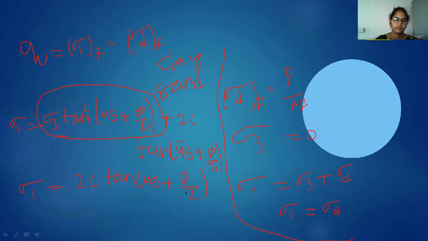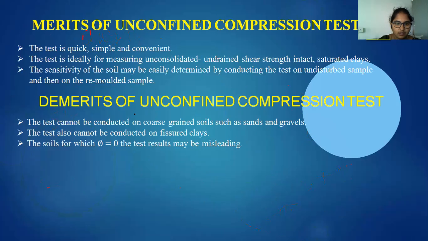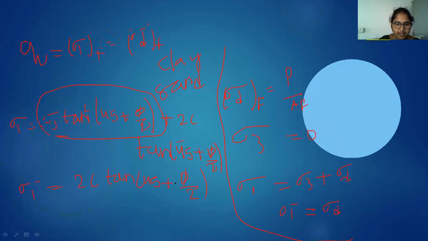For pure clay soil, phi is equal to 0. Hence 2c tan 45 remains.